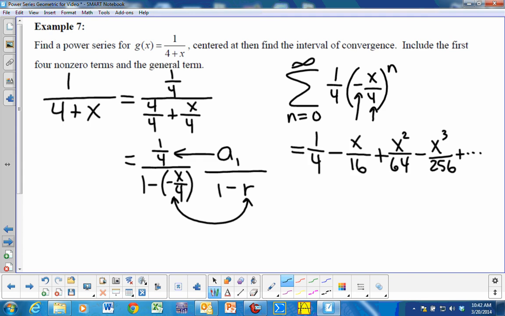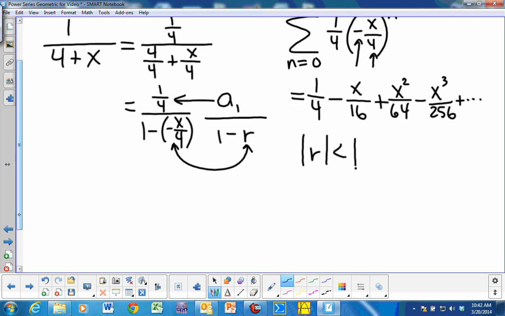Now, what about the radius of convergence here? Well, now what we have to think about is that it converges whenever the absolute value of r is less than 1. Well, this time, the absolute value of r means when is the absolute value of x over 4 less than 1? So we have to multiply by 4 and ignore the negative.